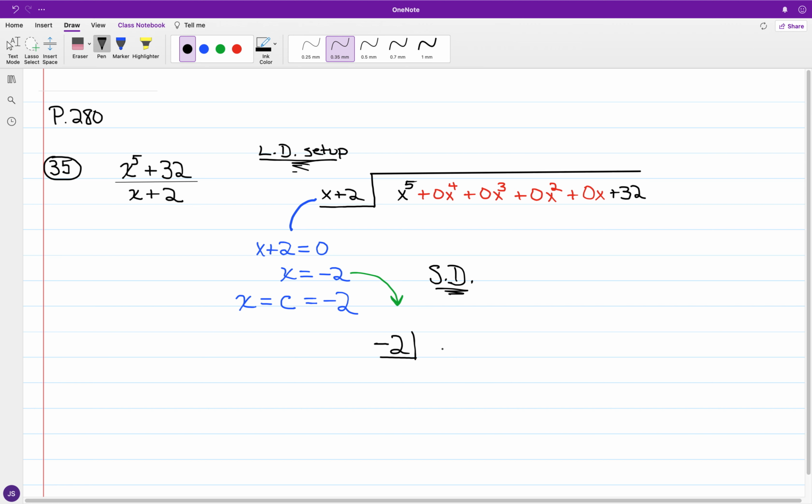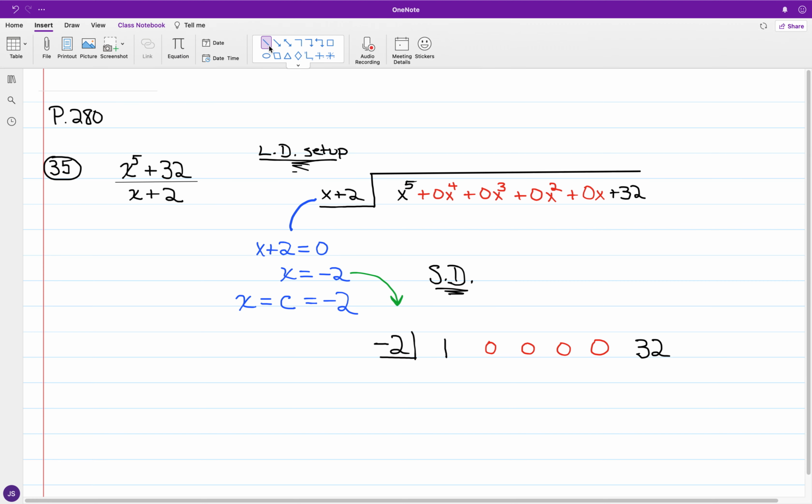So for x to the fifth, you read this as 1x to the fifth, and then we have 4 zeros to follow, once again signifying that we have missing degree terms in x. And again, we want the polynomial to close out with a constant, and that number is 32.